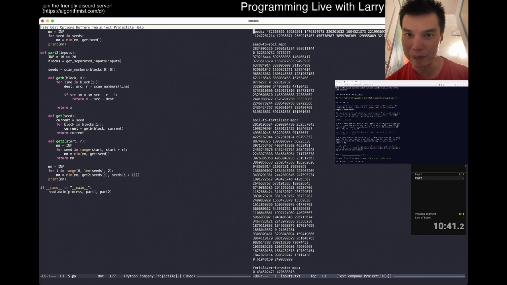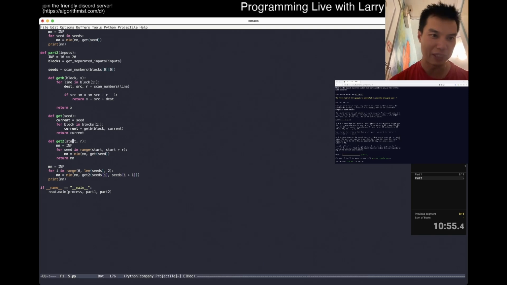Okay, so because this is doing like 3 million, this is doing 300 million, this is doing 200 million. So I wonder if this actually runs quicker in other languages, but this is too slow anyway. Because I'm doing too many scan numbers.